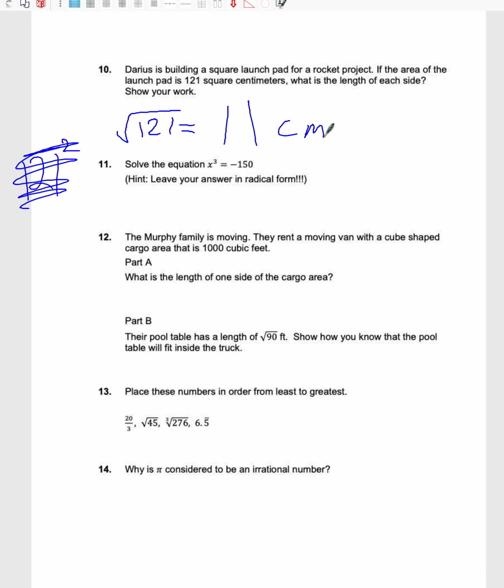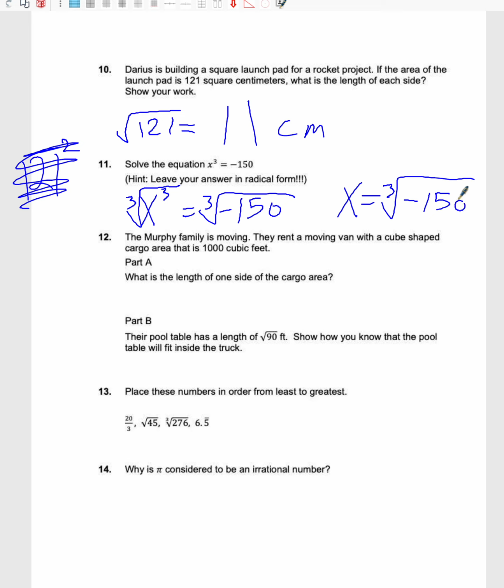What do I need to do? x cubed equals negative 150. Radical symbol with the 3 in the notch. There we go. We're taking the cube root of both sides. So x equals the cube root of negative 150. This is the answer right there.